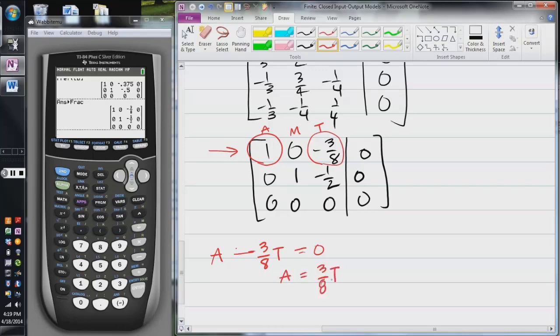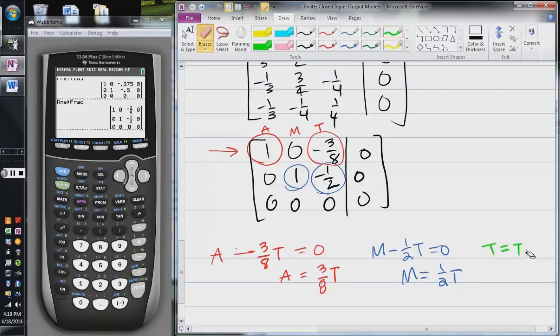Looking at the second line, what this tells me is that 1 unit of manufacturing minus half a unit of transportation equals 0. So manufacturing is equivalent to half a unit of transportation. And 1 unit of transportation is just 1 unit of transportation.